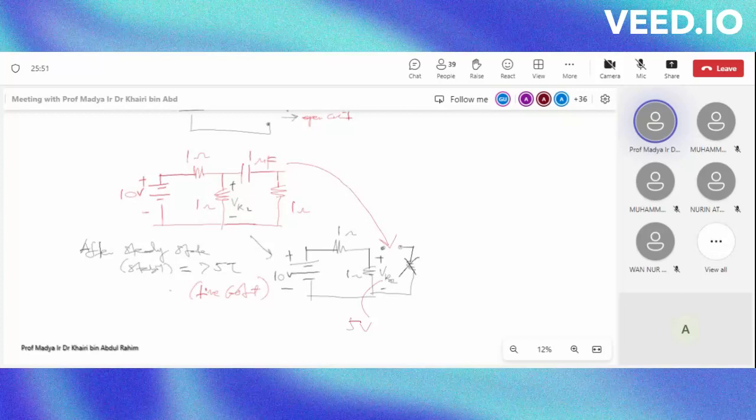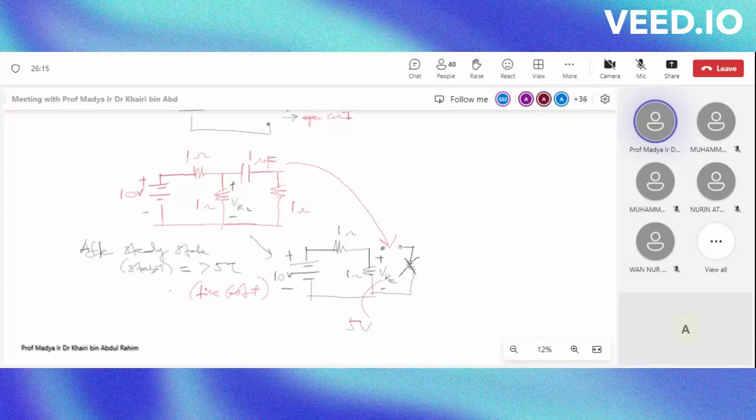But the concept that I hope you understand is that apart from this standard use of capacitor, there is the transient of the capacitor, and transient is basically during phases of charging and discharging.